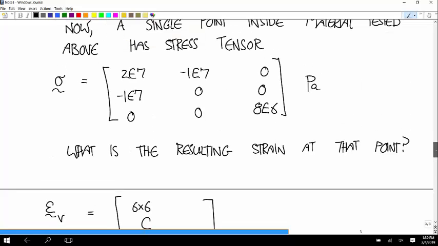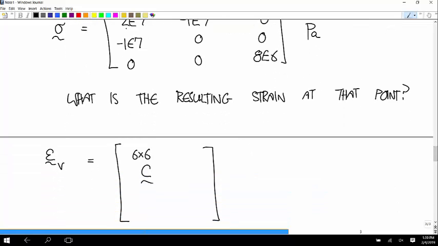And so the Voigt stress is the x normal stress, 2 times 10 to the 7th, the y normal stress, the z normal stress, and then the yz shear stress, the xz shear stress, and then finally the xy shear stress, negative 1 times 10 to the 7th.